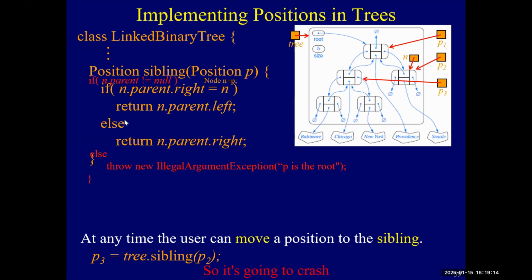So it's going to crash right here, if n dot parent is null. It crashes by throwing exceptions and things. Does that make sense? In fact, anytime you follow a link, you've got to check to make sure there's something there.